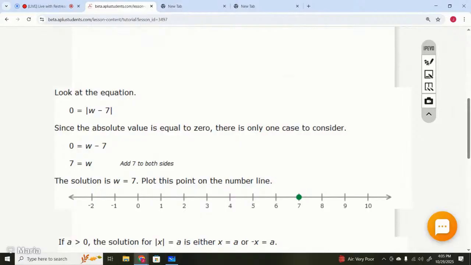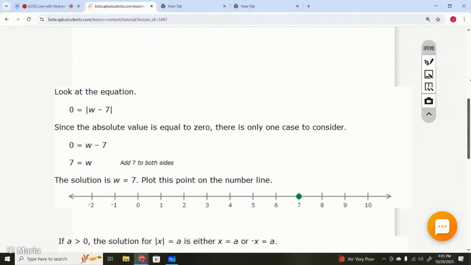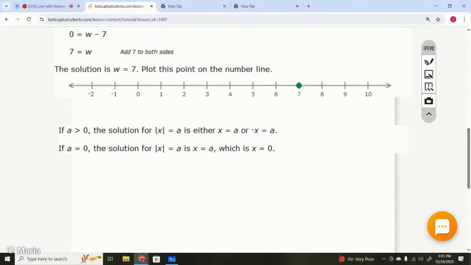So that means W equals 7. So the solution of the inequality is 7.